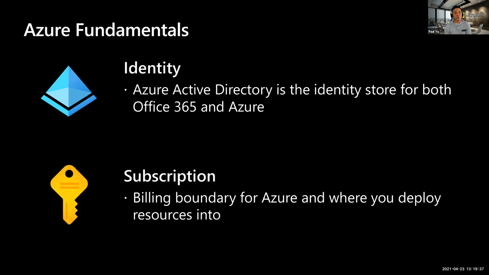And so we built Azure on top of the Azure Active Directory platform, which is basically the identity store for all things Microsoft. If you're logging into Office 365 or into Azure, you're using the same identity store. This is one of the big things about Azure for Students, the link that Mary pointed out.